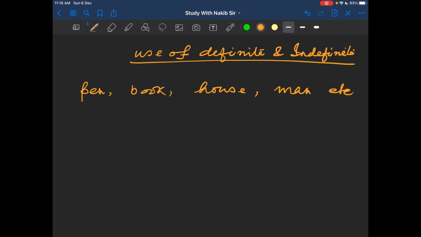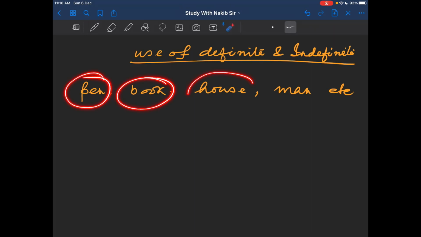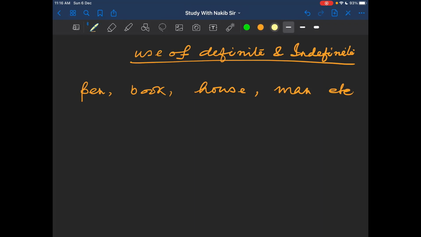So a singular count noun should have an article before it. It will be like this: a pen, you must have. A book, a house.